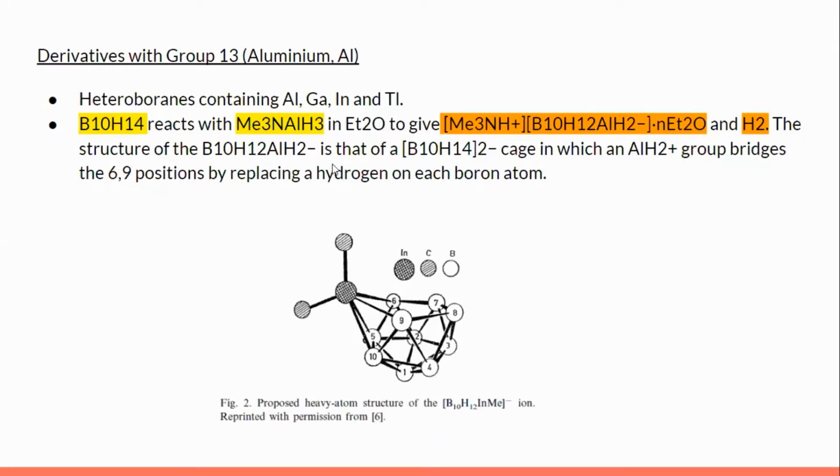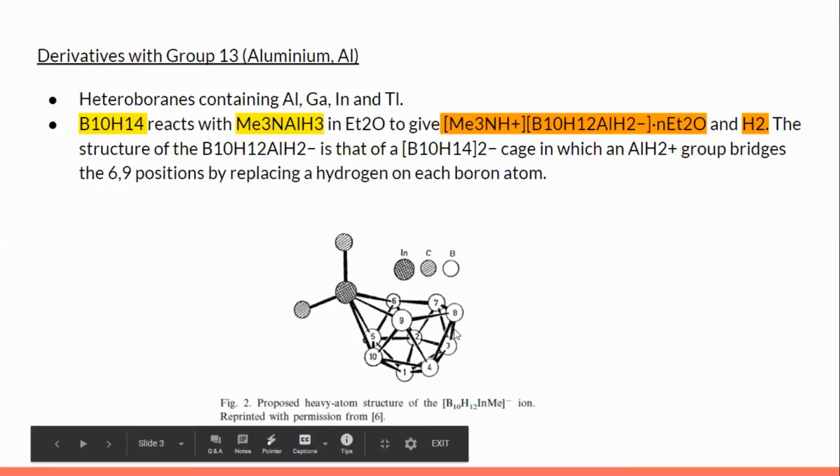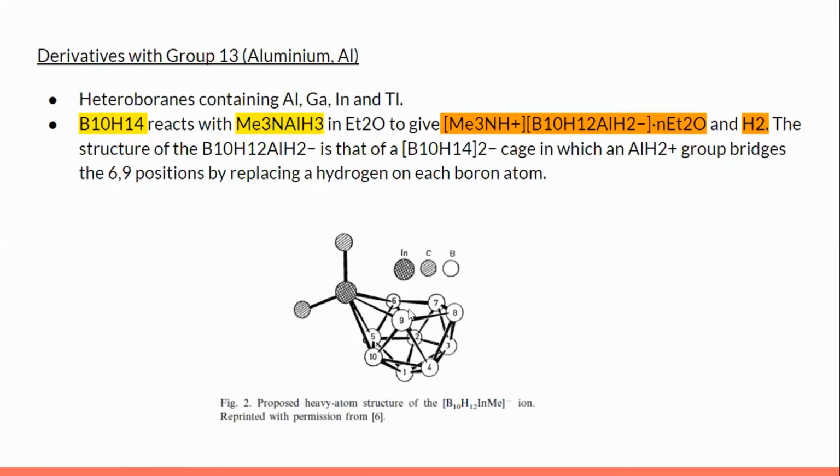We can see this situation from the structure, although this one is actually for indium. But we can still see that we can replace this with aluminium attached to the 6 and 9 boron, where it replaced the hydrogen that was initially attached at the 6 and 9 boron.